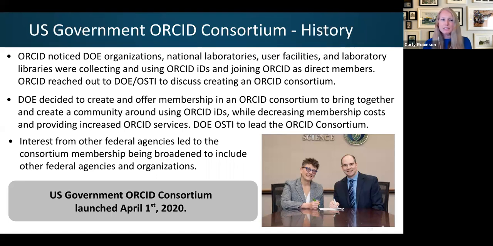It would help decrease our membership costs and also provide increased ORCID services. And we felt that DOE OSTI could be a good organization to lead the ORCID consortium. Within OSTI, we provide a lot of persistent identifier services, and felt that this is something that we could really support.